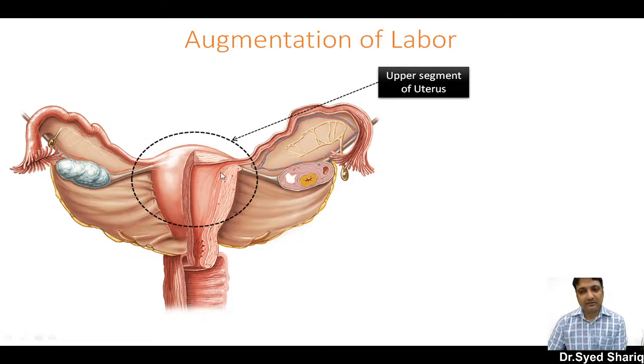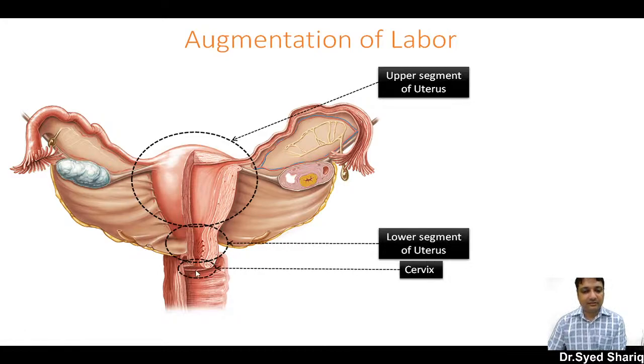There's a large upper segment, a small lower segment of the uterus, and then the cervix, which is the opening of the uterus. The upper part is the most important, and most of the drugs that we use in labor act on this upper part of the uterus.